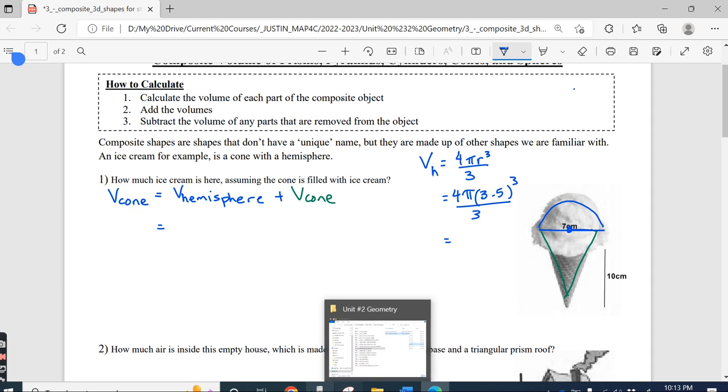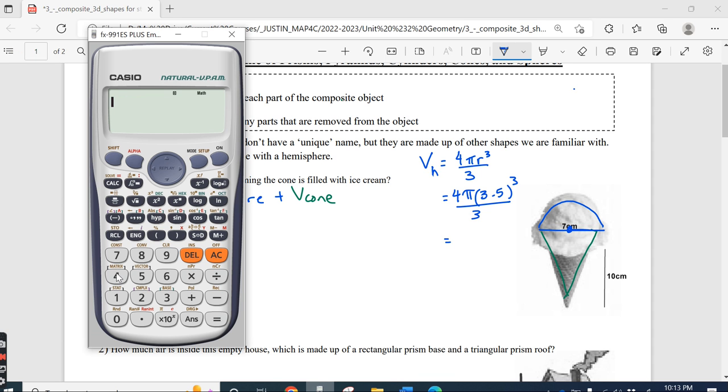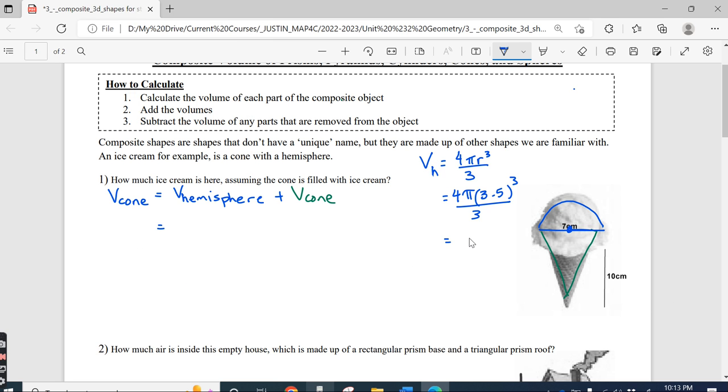Now let's type all this in my calculator and see what we get. So 4 pi and then 3.5 cubed, all that divided by 3, making sure I typed everything correctly, 179.59 centimeters cubed, because we're looking at volume.